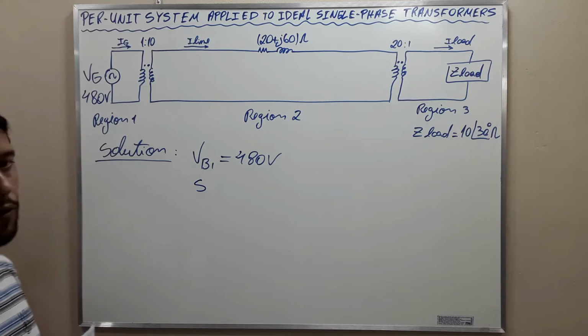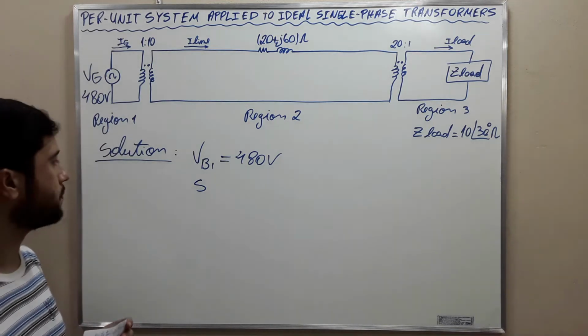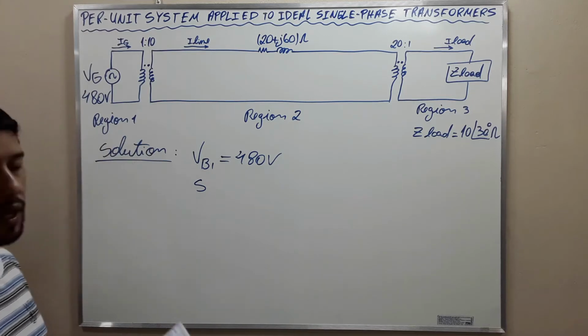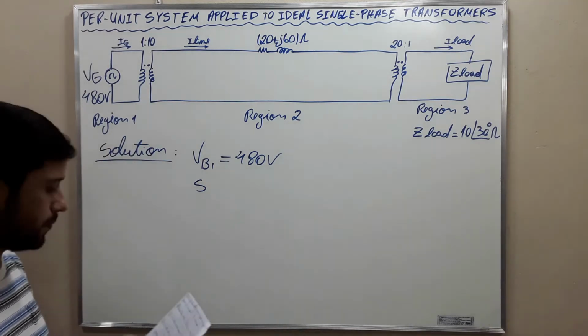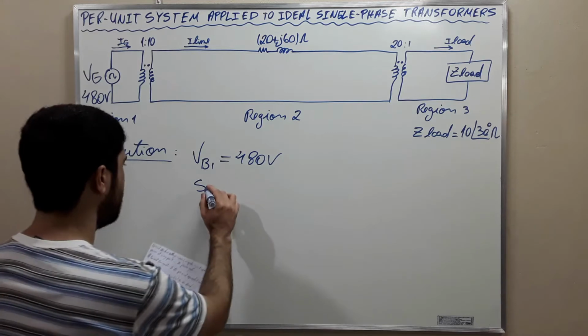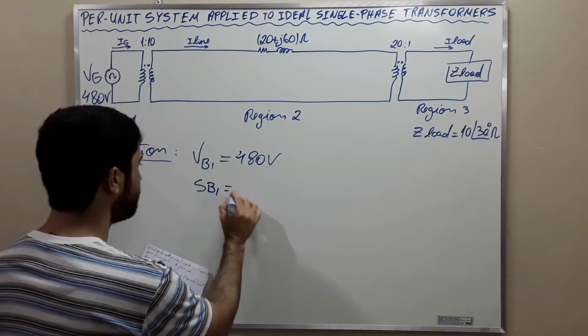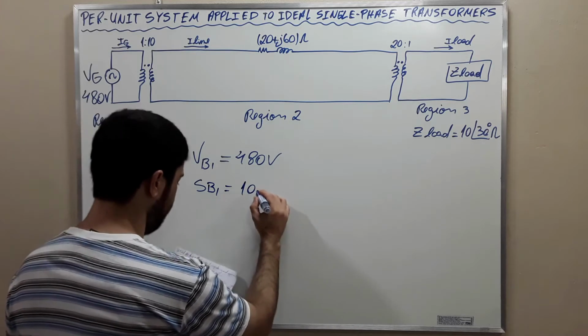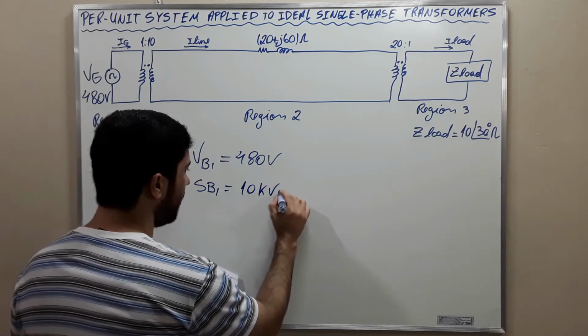The base value for the apparent power for region 1, as the very exercise said, SB1, is equal to 10 kVA.